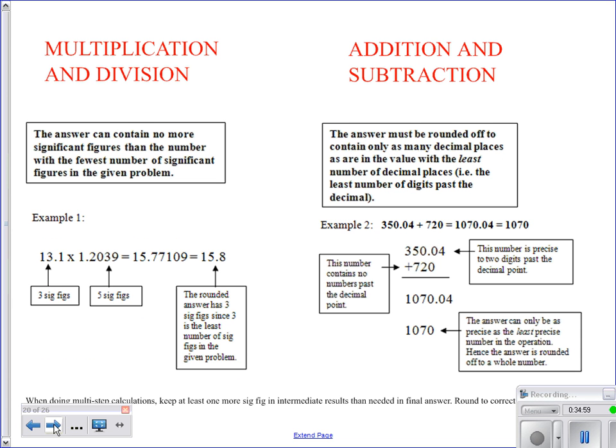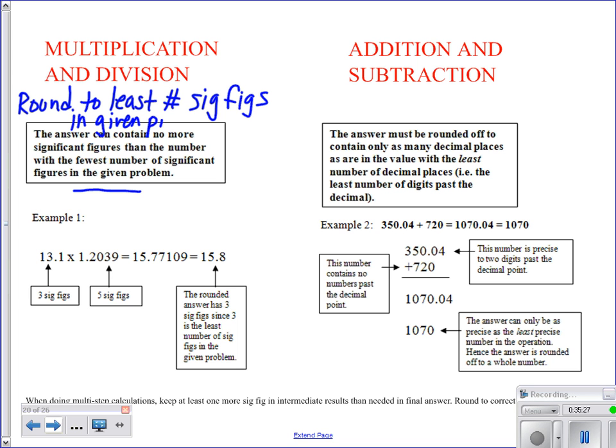So here's our example. Let's start with multiplication and division, which, to be honest, is used much, much more in our chemical calculations than addition and subtraction are. If I were to sum this up, we just round to least number sig figs in given problem.